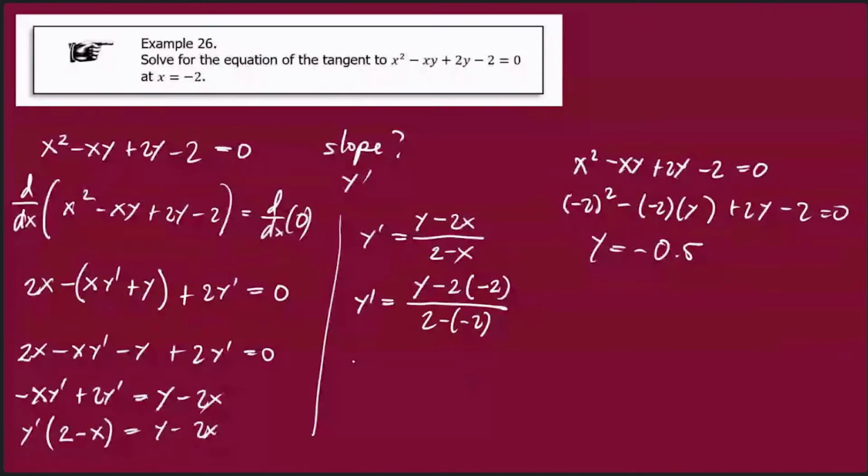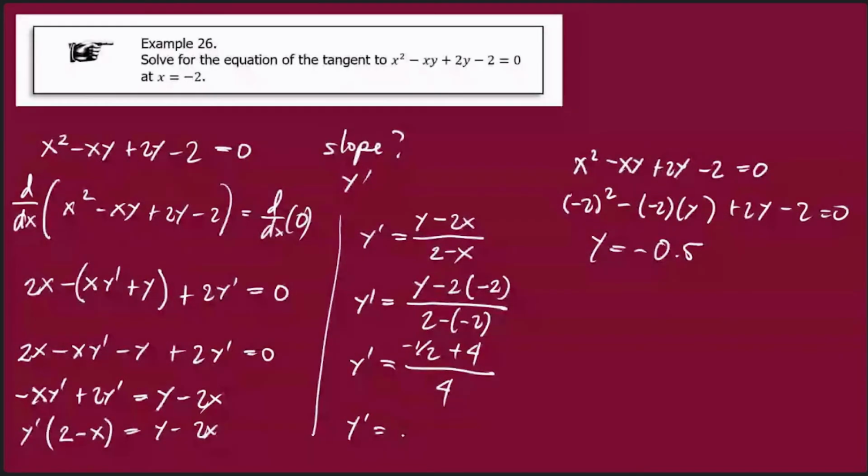So substitute; this will be y prime equal to -1/2 minus, it becomes plus, 2 times 2 is 4, all over 2 plus 2, which is 4. So y prime is equal to negative 1 half plus 4, over 4.